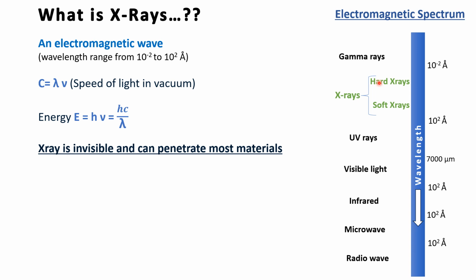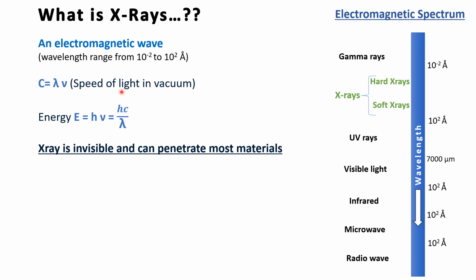This can be distinguished by the origin of the electromagnetic wave. If it is of electronic origin, then we call it X-rays. If it is of nuclear origin, we call it gamma rays. So back to the topic.